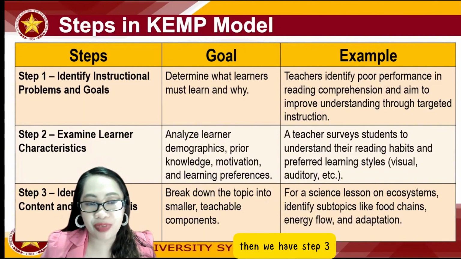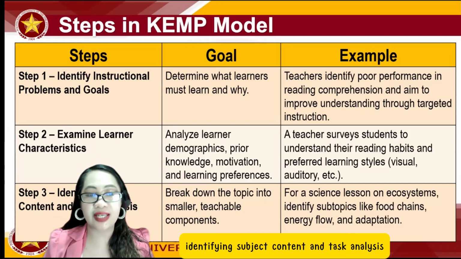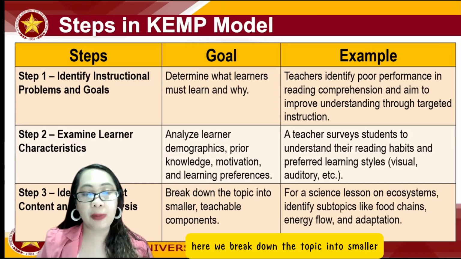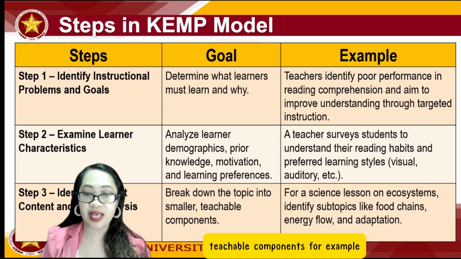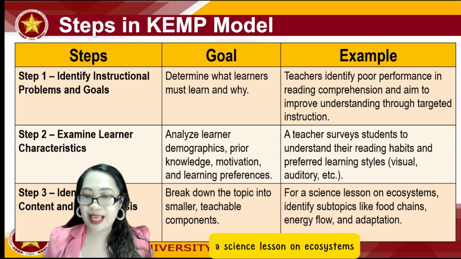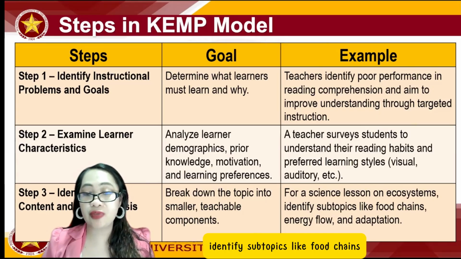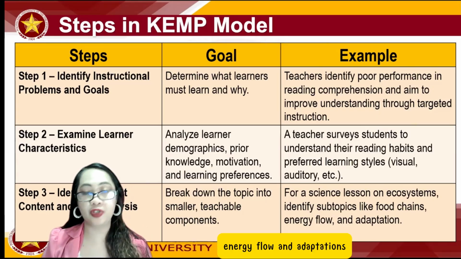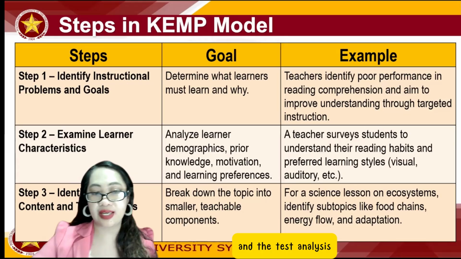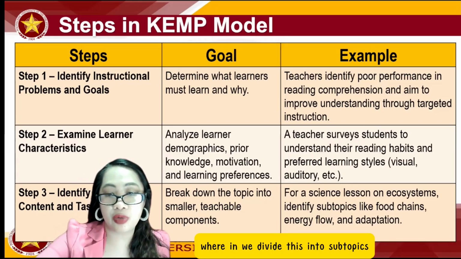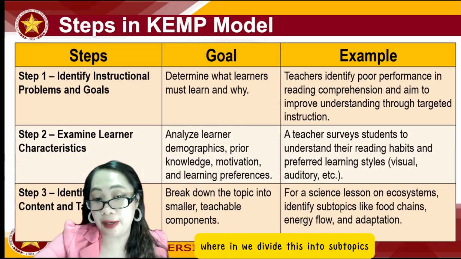Then we have step 3, identifying subject content and task analysis. Here, we break down the topic into smaller, teachable components. For example, a science lesson on ecosystems identifies subtopics like food chains, energy flow, and adaptation. So here we look for the subject content and the task analysis, wherein we divide this into subtopics.